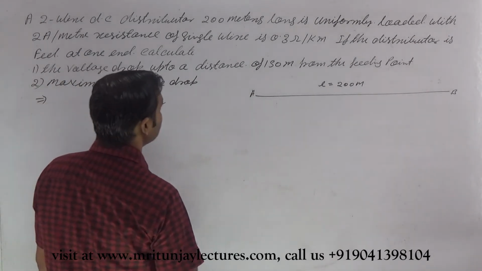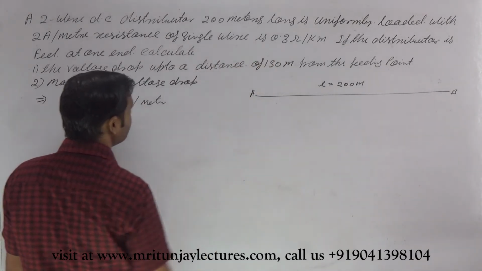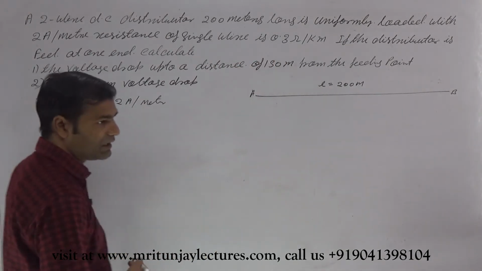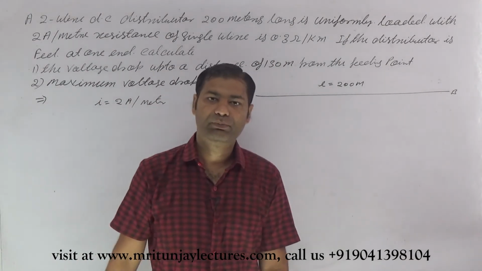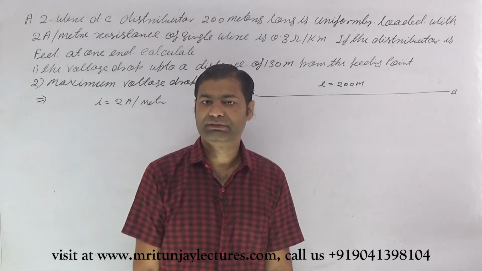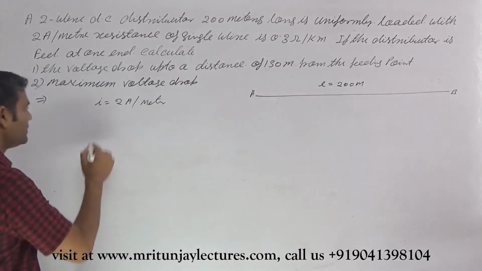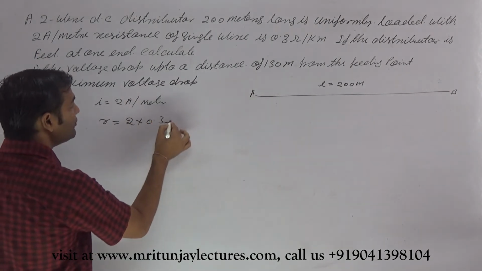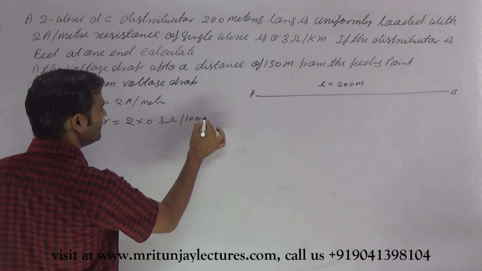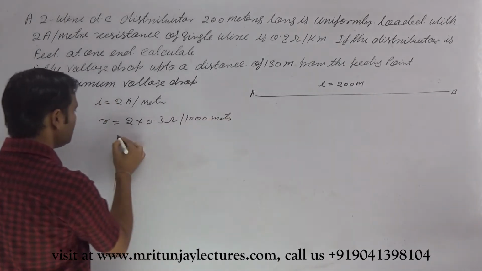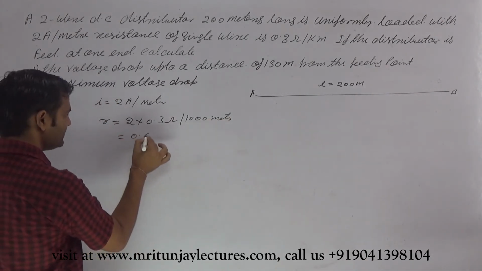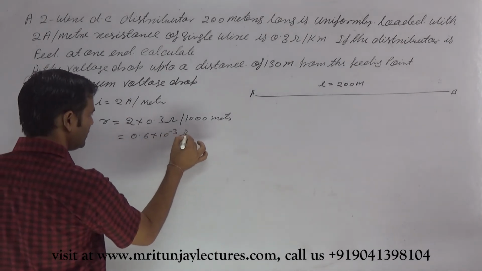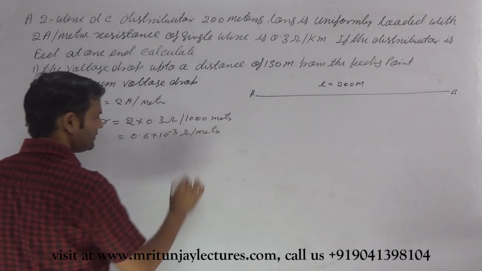Resistance, single wire. This is given corresponding to single wire. But we have discussed formula corresponding to 2-wire system. Okay, so what about R? R this equal to 2 into 0.3 ohm per meter. Okay, means 0.6 into 10 to the power minus 3 ohm per meter.